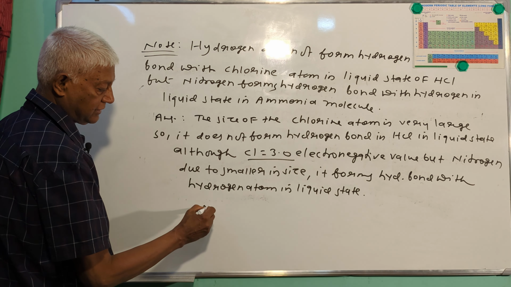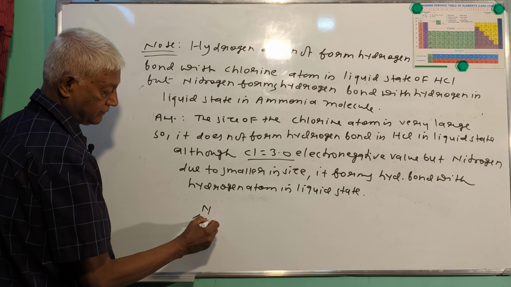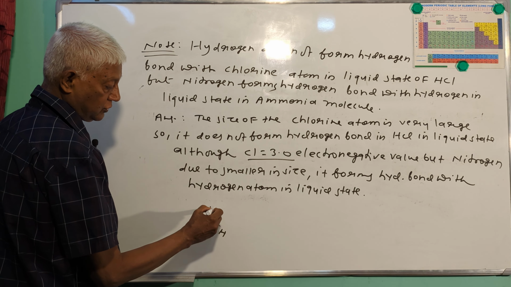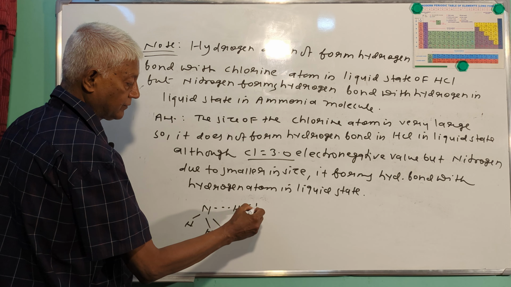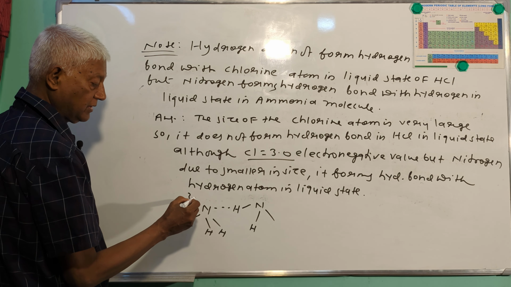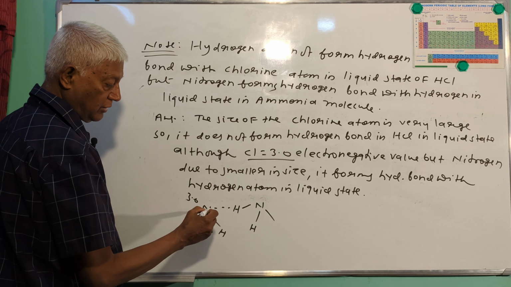Yes, so that is nitrogen, ammonia, so that is hydrogen. So nitrogen has 3.0 electronegativity value.